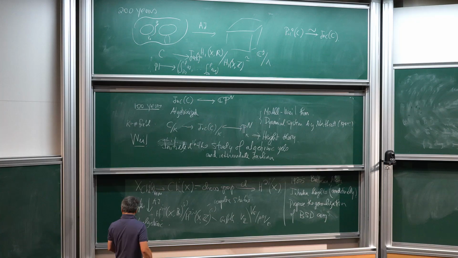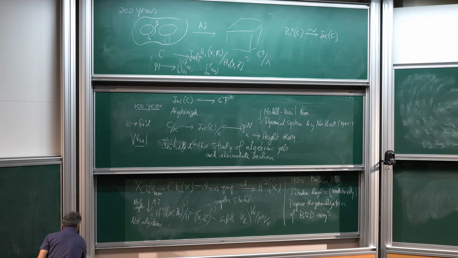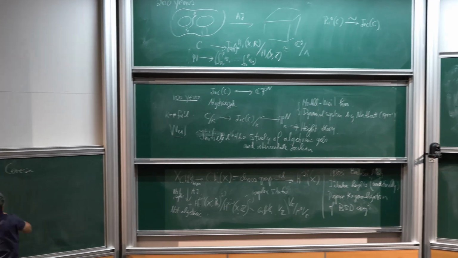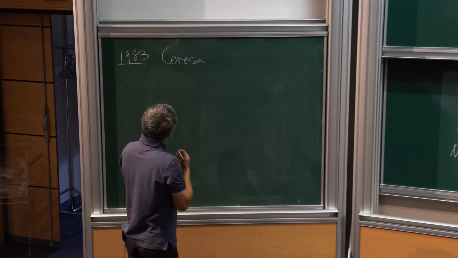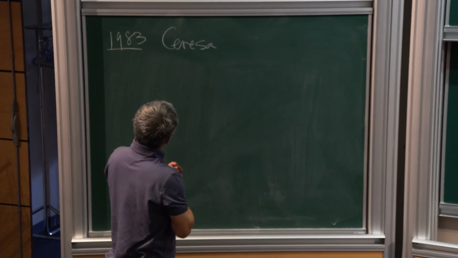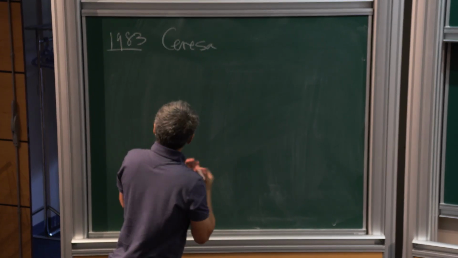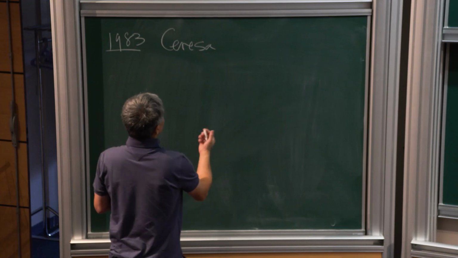Now I need to do some physical work. Okay, I can use the two first. So it's like 40 years ago, 1983, Ceresa, in his PhD thesis in Utah, whose advisor is a very famous algebraic geometer, proved a very remarkable theorem.